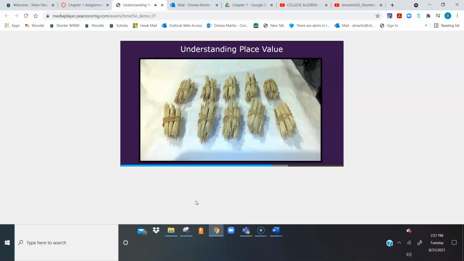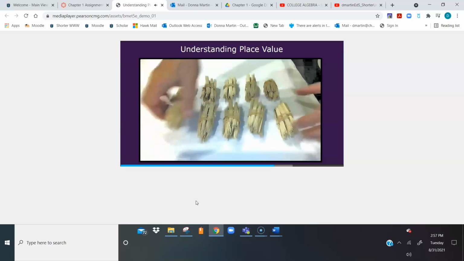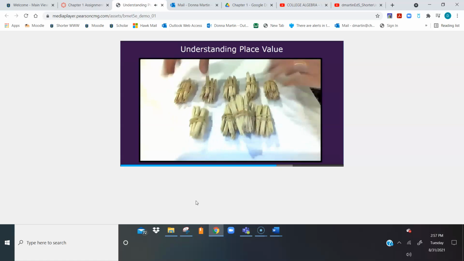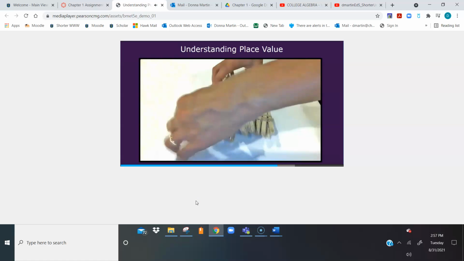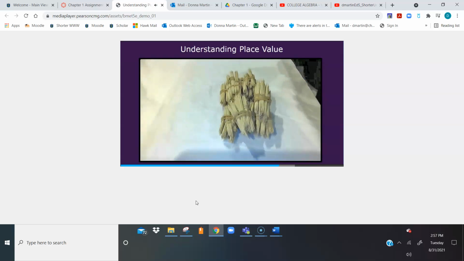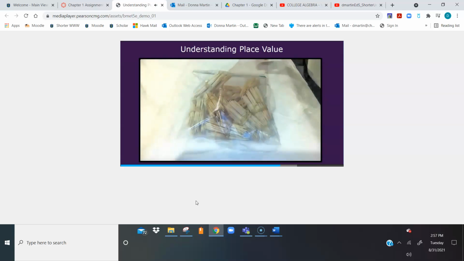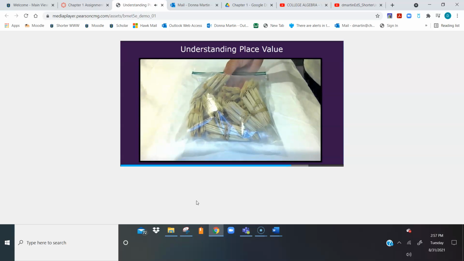Similarly, if we have 10 bundles of 100, we can bundle them up into a big bundle, kind of too big for a rubber band, so I'm going to put them in a bag instead. So this big bundle is 10 hundreds. And notice it's got more structure than just a loose bag of 1,000 toothpicks. If we have 10 bundles of 100, we can bundle them up into one bundle of 1,000, which I have here.